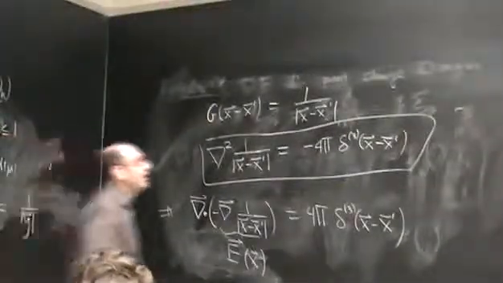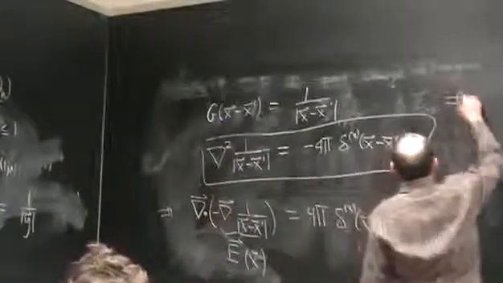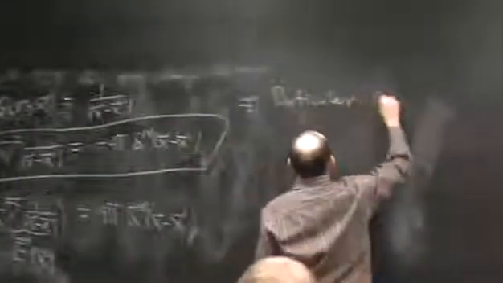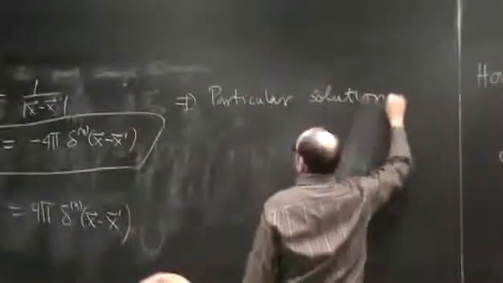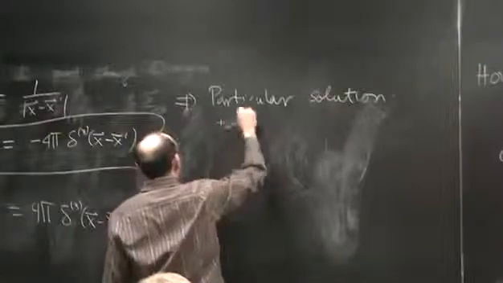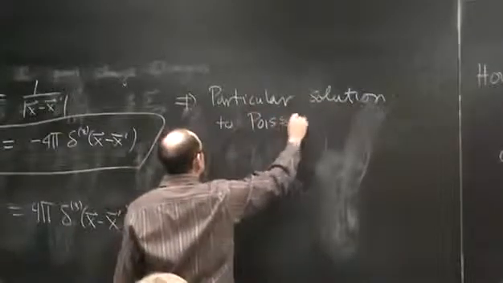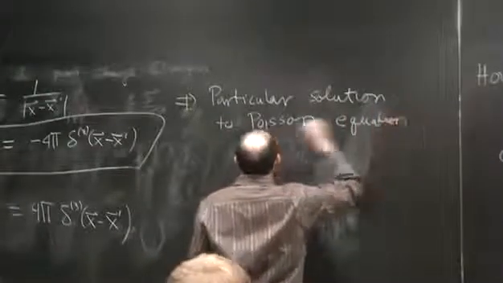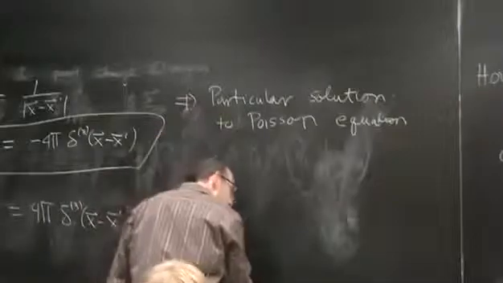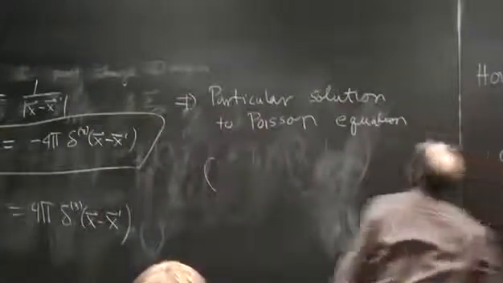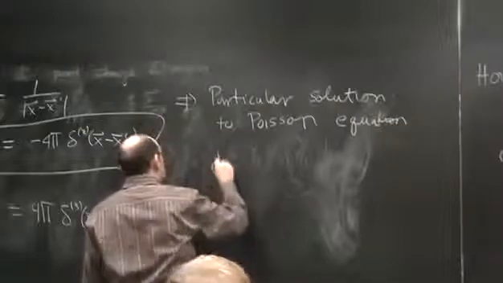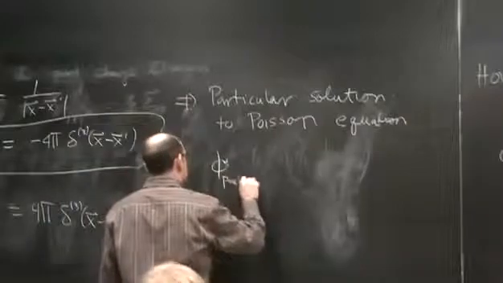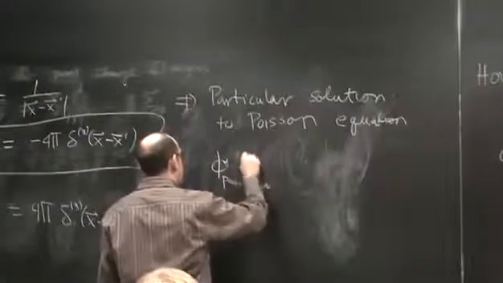Okay, so given the Green's function, we know the particular solution to the Poisson equation. It is the potential at this x.